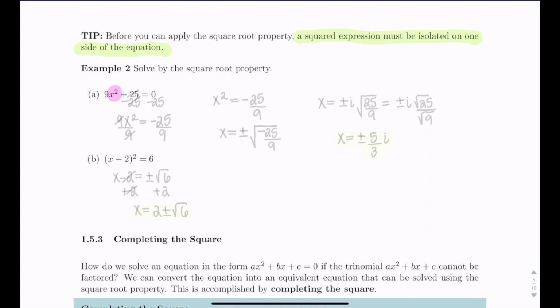So the first thing we can do is subtract 25. So we have 9x squared equals negative 25. That x squared piece still isn't by itself, so we need to divide by 9 on both sides.